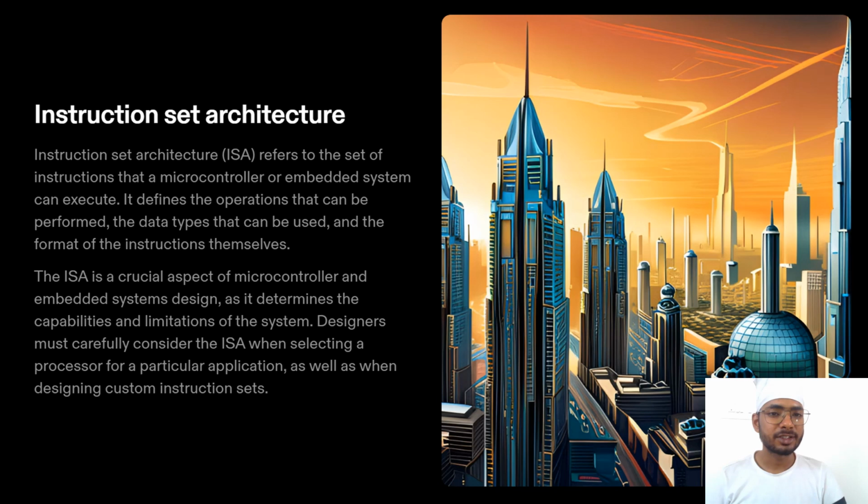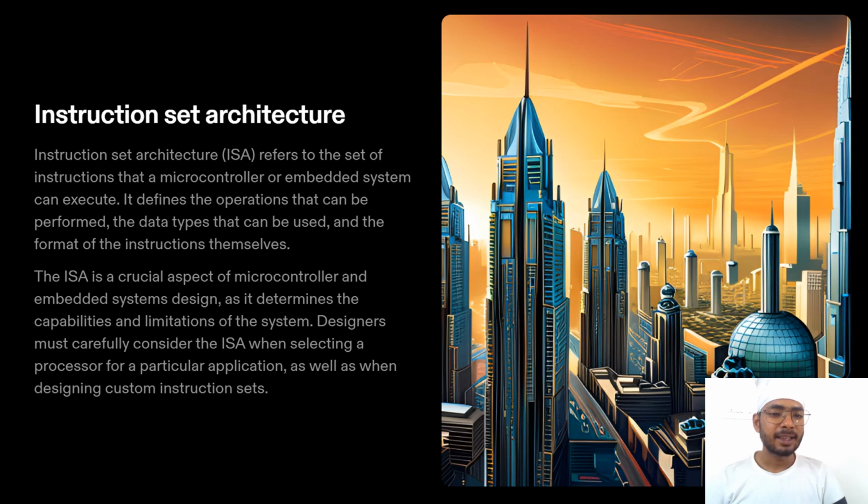Next, we have the instruction set architecture. Instruction set architecture, that is ISA, refers to the set of instructions that a microcontroller or embedded system can execute. It defines the operations that can be performed, the data types that can be used, and the format of the instructions themselves.